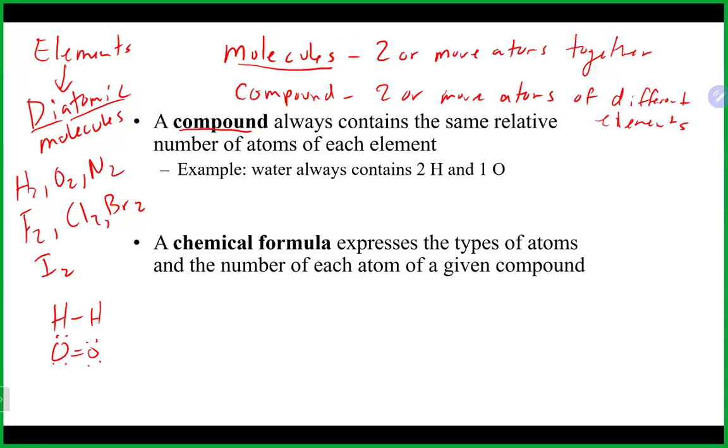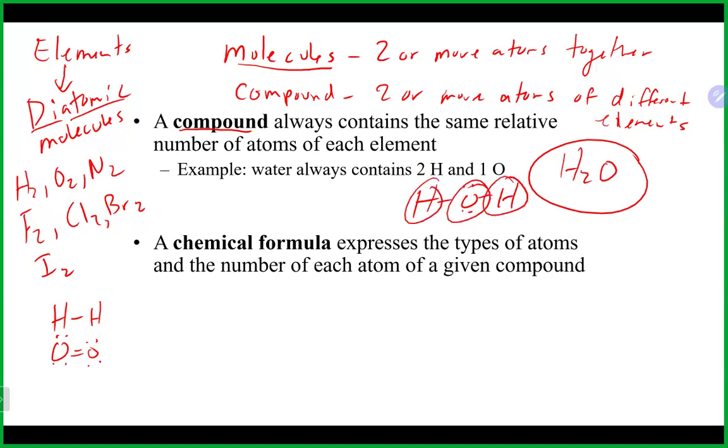Water is basically always 2 hydrogens and 1 oxygen. Here we have an atom of oxygen and 2 atoms of hydrogen to make that up. We actually drew it, so 1, 2, and 3 atoms together. So something like water, for example, is a compound.